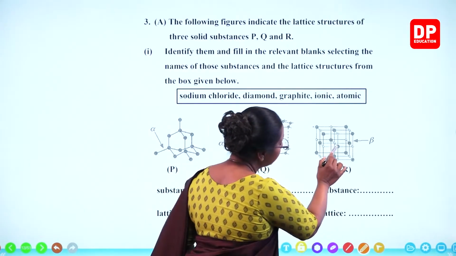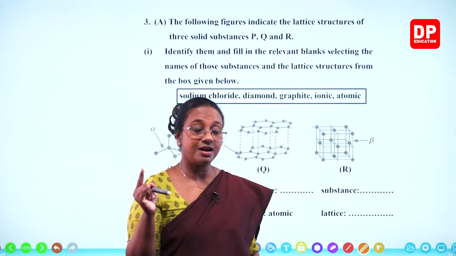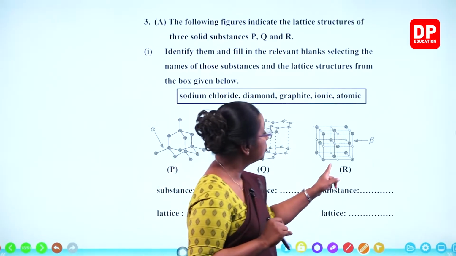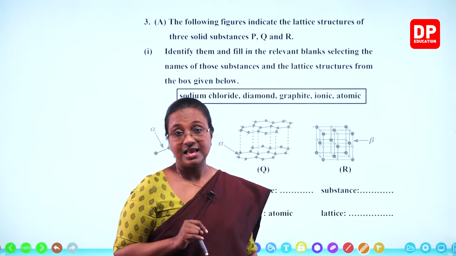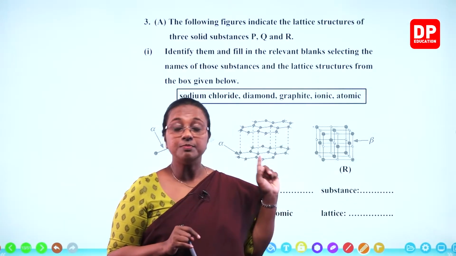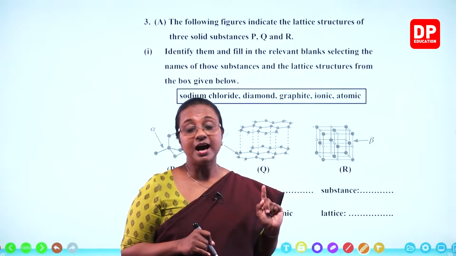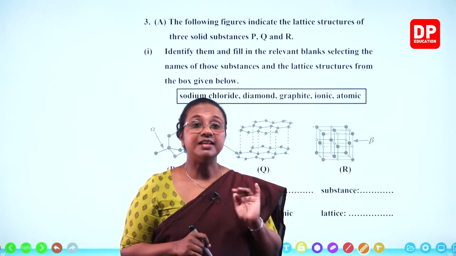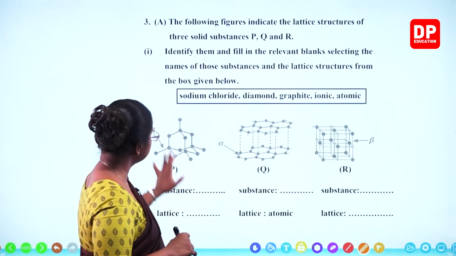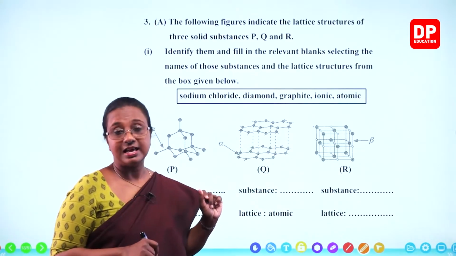Same way, if you look at these black colored ions, there are 6 white colored ions around it. Then immediately you can confirm that this is a sodium chloride lattice, an ionic lattice. So this beta is the ionic bond between a sodium ion and a chloride ion, the positive and negative ion. So the first two are atomic lattices, diamond and graphite, then sodium chloride an ionic lattice.